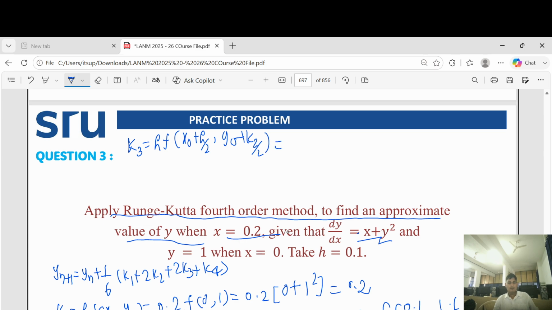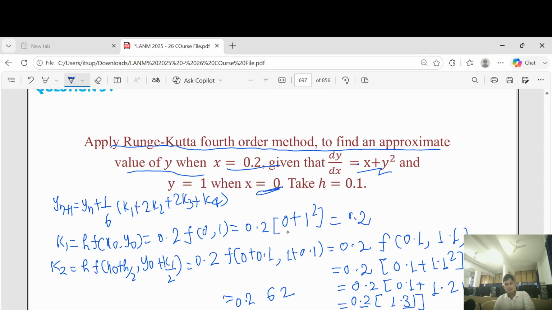So h means 0.2 f of 0 plus h by 2, that is 0.2 divided by 2, 0.1, comma y naught, which is 1 plus k2 by 2.